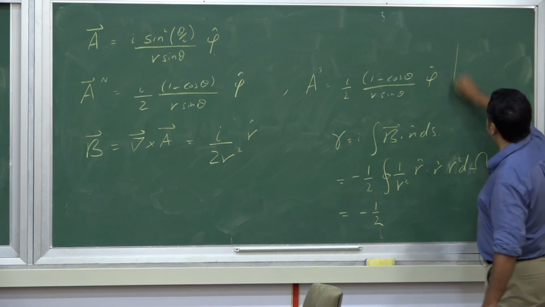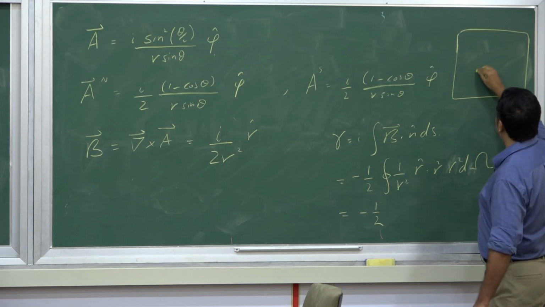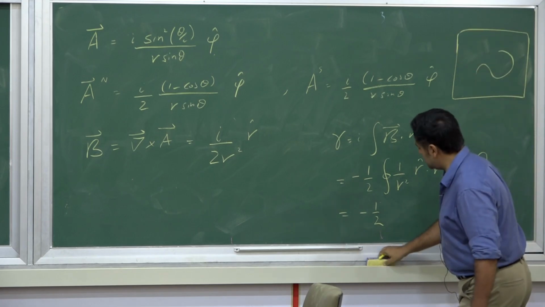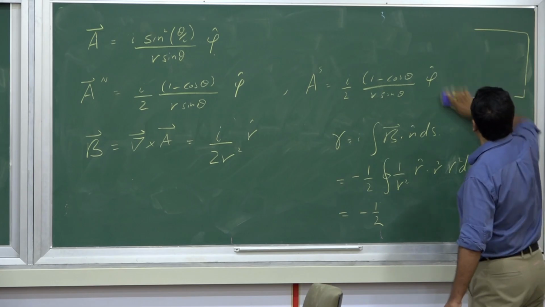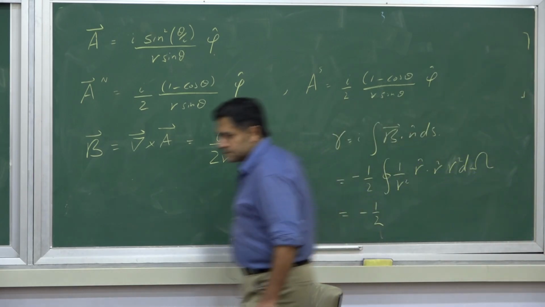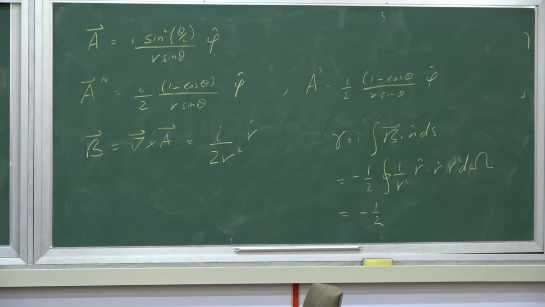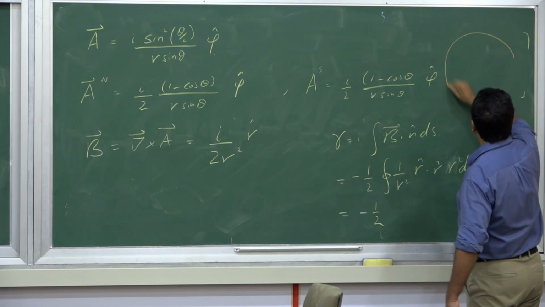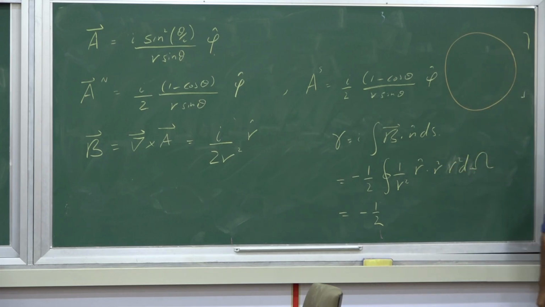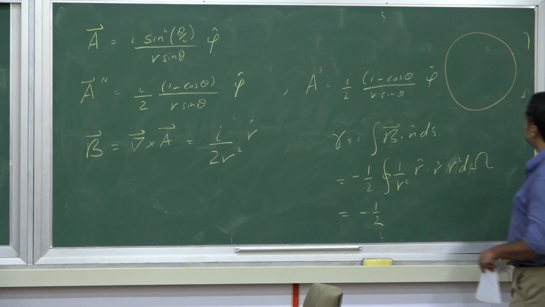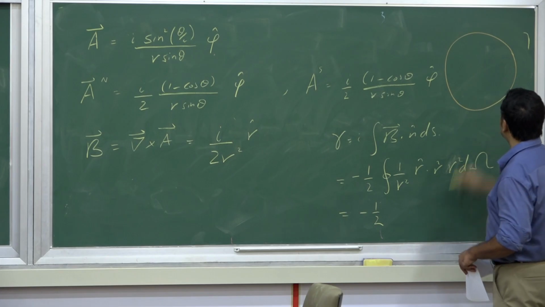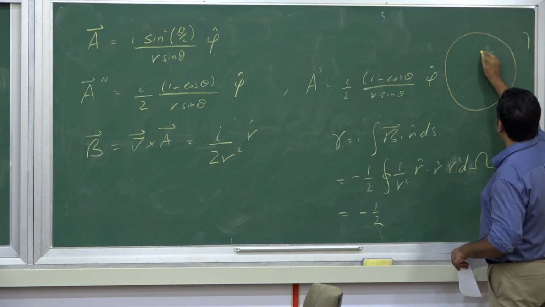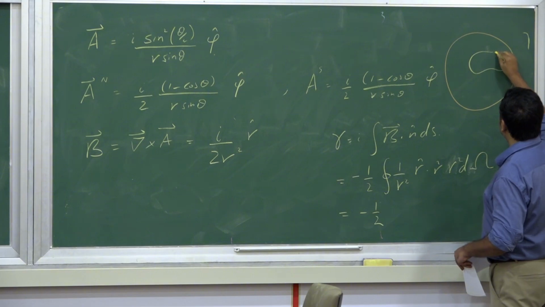So what am I doing now? Well, I should draw it this way. My parameter space is a sphere parameterized by theta and phi. So the direction of the magnetic field, whatever you want to think of it. I start from some direction, I go around and then come back.